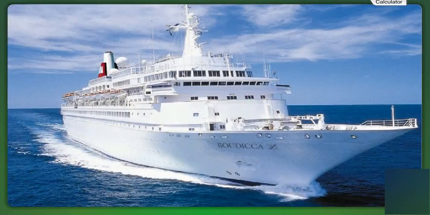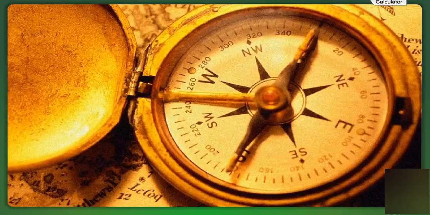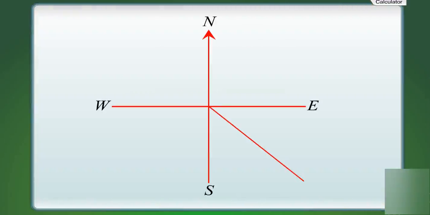Before we see some examples, let's recall what we have learned in our previous lessons about bearing. First, we learned how to state the compass angle of any compass direction, where the angle is always measured in degrees in a clockwise direction from the north.